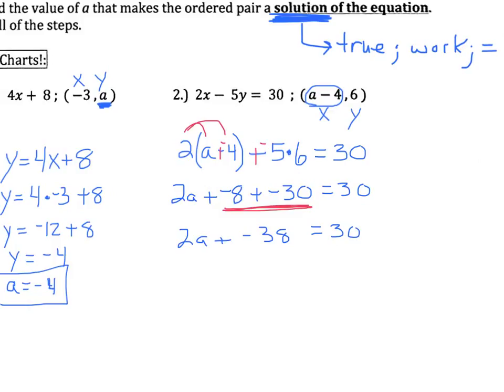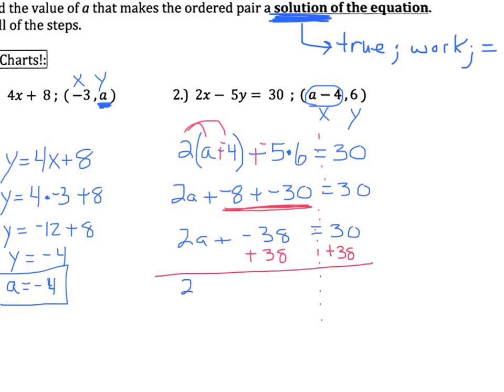All right, great. We're down to good old solving of equations. So we're going to add 38. We're unwrapping the gift. The gift is way over here. Remember, outside first. So if this is the gift, that's the first layer, and this is the outside layer. So you peel off the outside layer. Add 38.